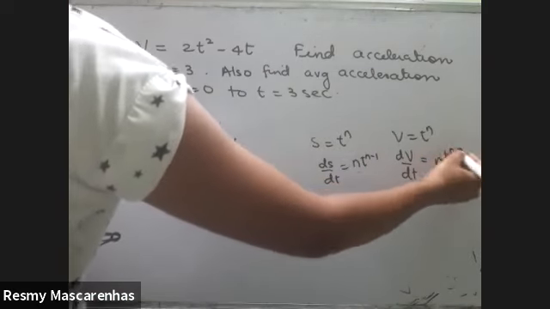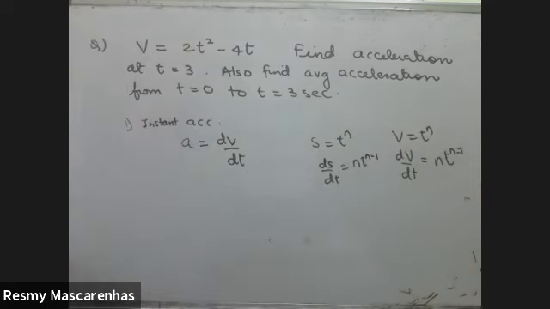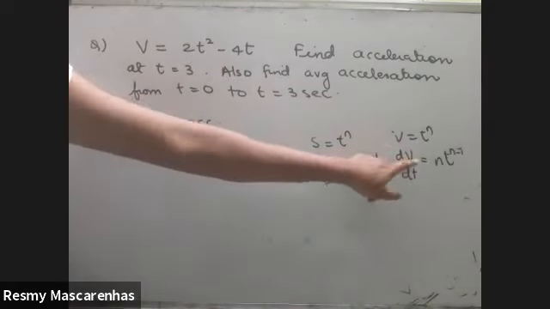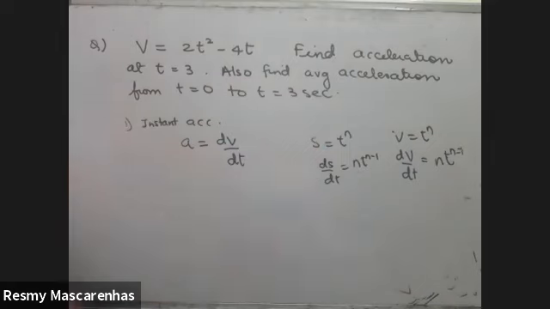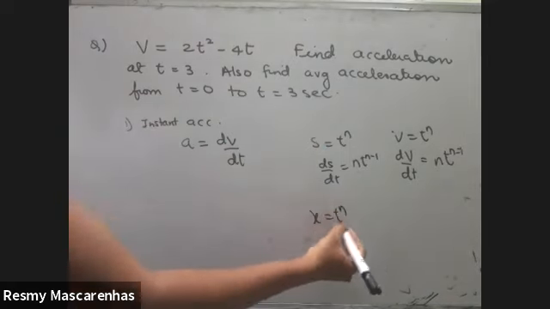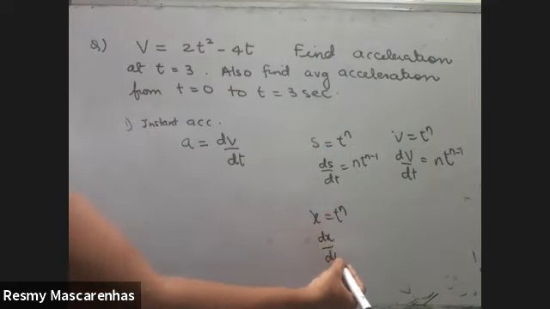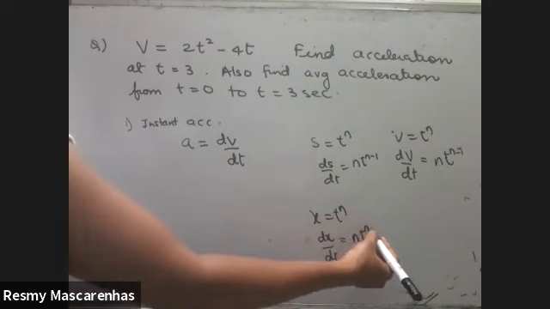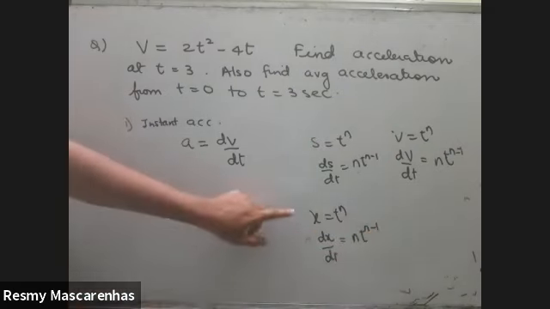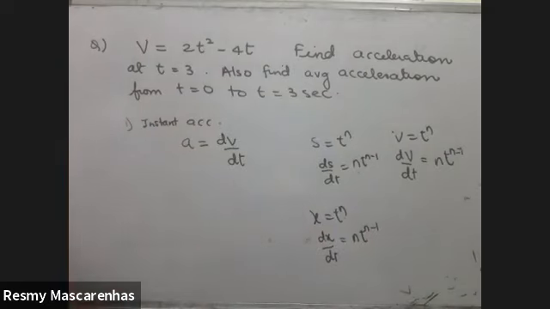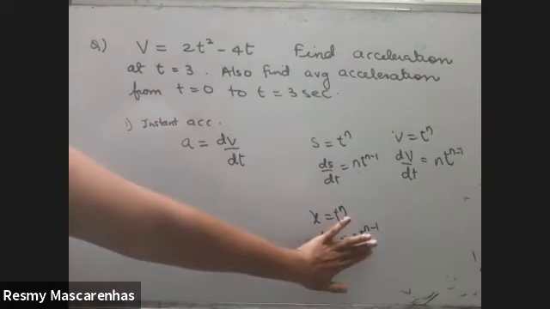Only the letter will change. If this is V, this will be V. If this is S, this will be S. If any other letter is there, only the letter will change, but the formula part that you apply will always remain the same. So the derivative part always remains the same.